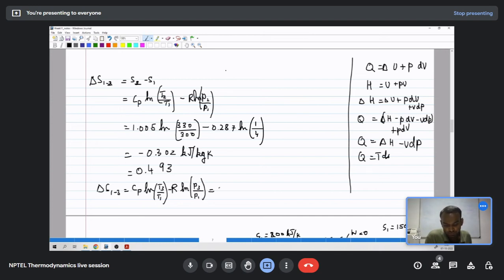So this is 1.005 ln of T3, which we had as 270 Kelvin, by 300, minus R, which is 0.287, ln of 1 by 4.